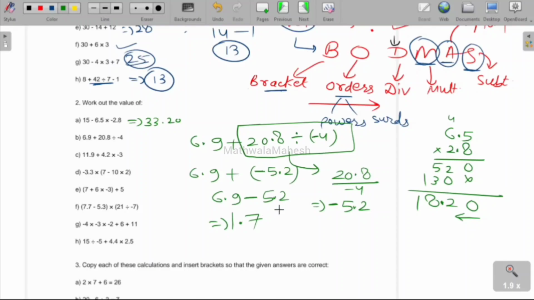This is the correct answer, 1.7. In the first question we can also write 33.20 as 33.2, because the 0 has no value, so you can remove the 0, which is 33.2.